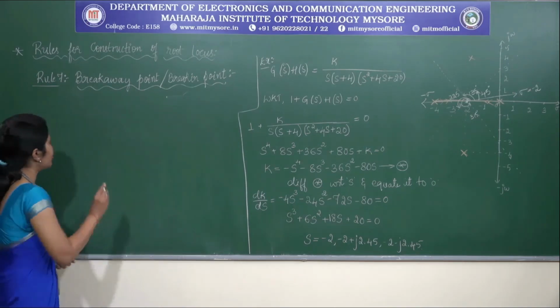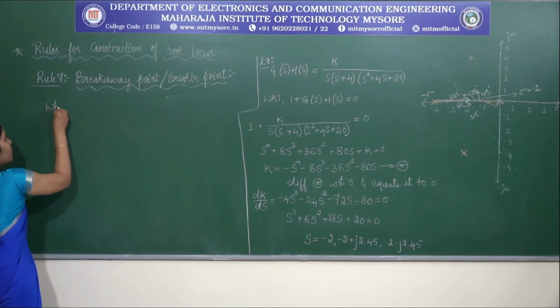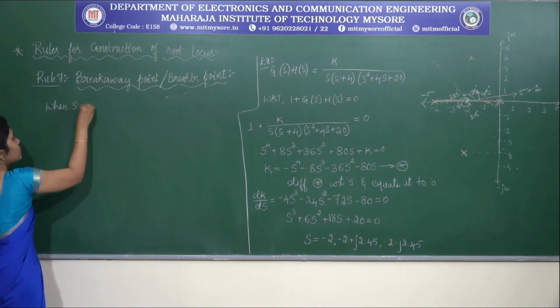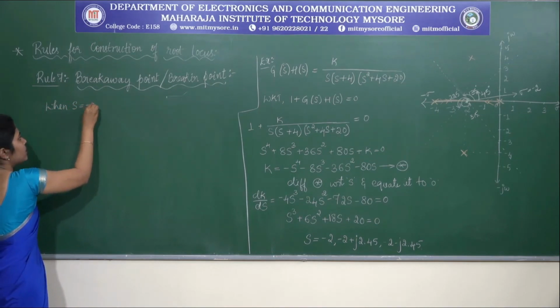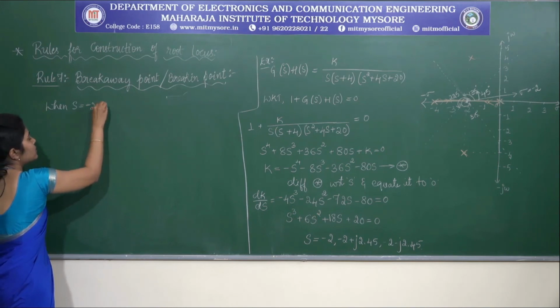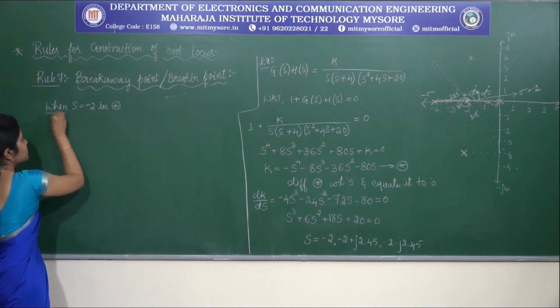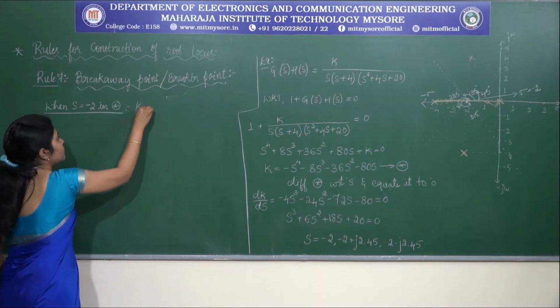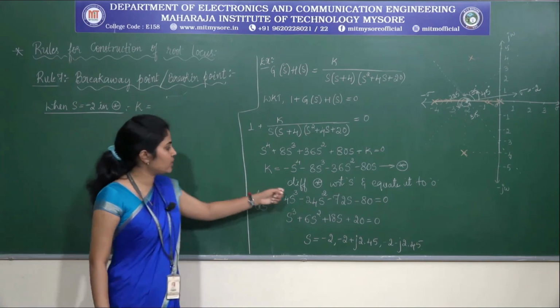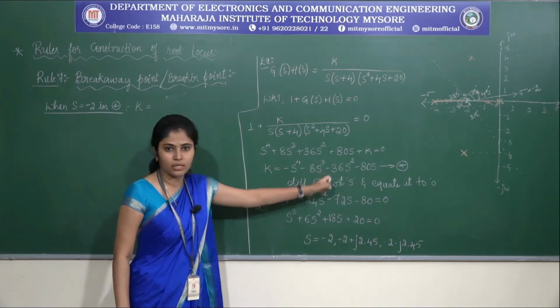Now let us substitute the values of s. When s is equal to minus 2 in equation star, k will be equal to, wherever you have s, you need to substitute in equation star.